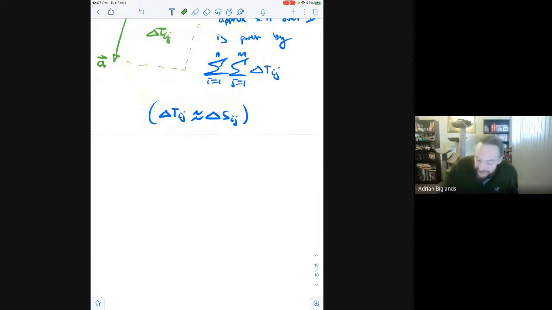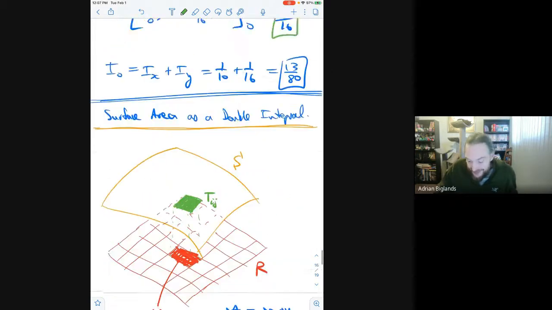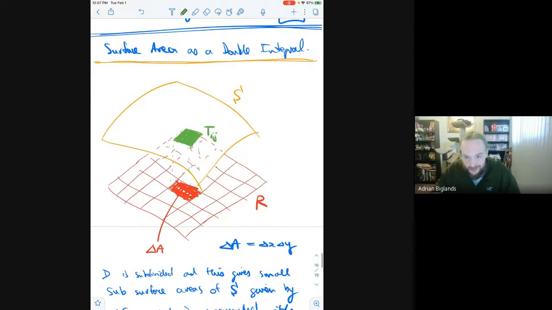So what is Tij? It's moving pretty fast, but what we're doing is, again, we're starting with a rectangle. We want to know what the exact surface area is with this double integral. So we subdivide the rectangle into pieces just like we did to find double integrals. Then we pick a sample point in the rectangle.